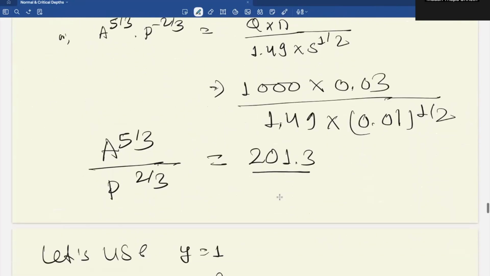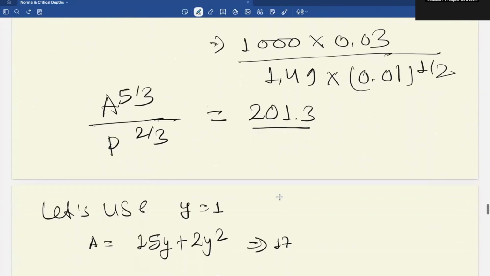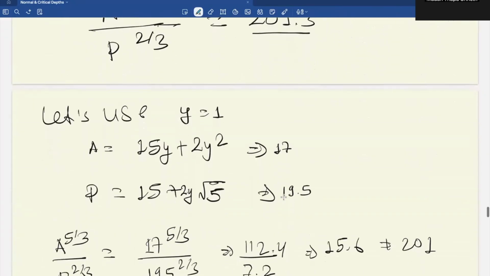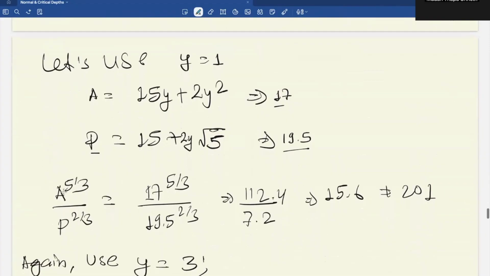In the next step, I will use the value of y as 1. That gives us area as 17 and wetted perimeter as 19.5. When we compute it, that gives us 15.6, which is not equal to 201. So I chose the smallest one, and next time I can choose a bigger one.